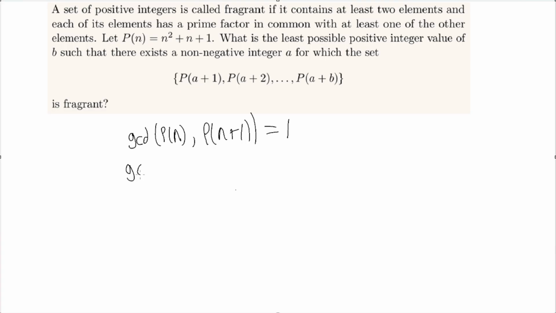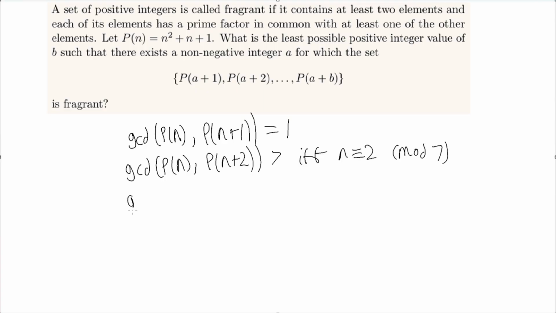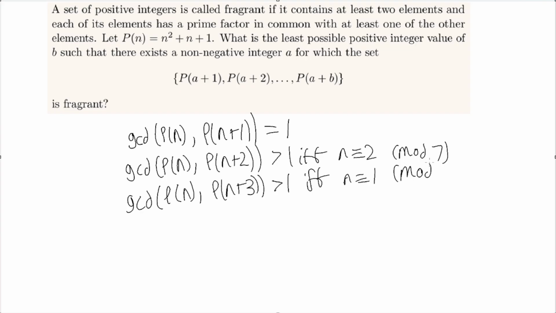And then GCD of P of n and P of n plus 2 is greater than 1 if and only if n is equivalent to 2 mod 7. And then GCD of P of n and P of n plus 3 is greater than 1 if and only if n is equivalent to 1 mod 3.